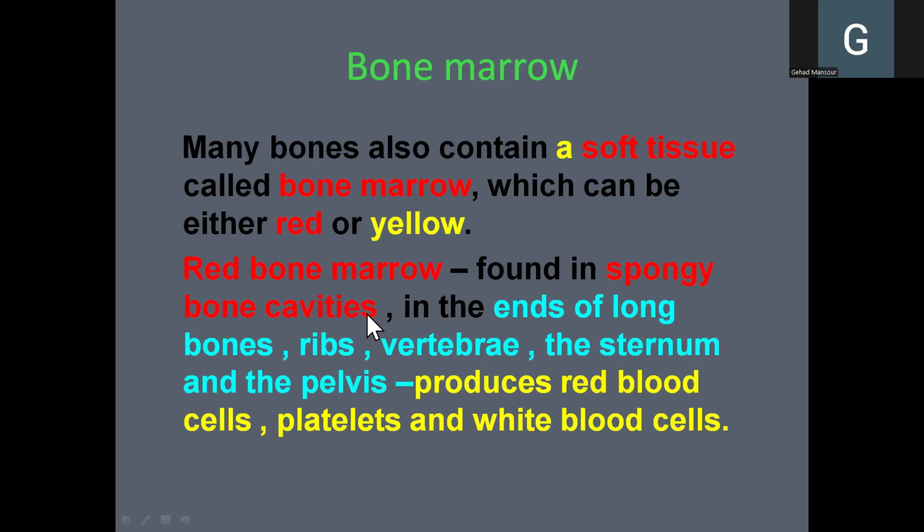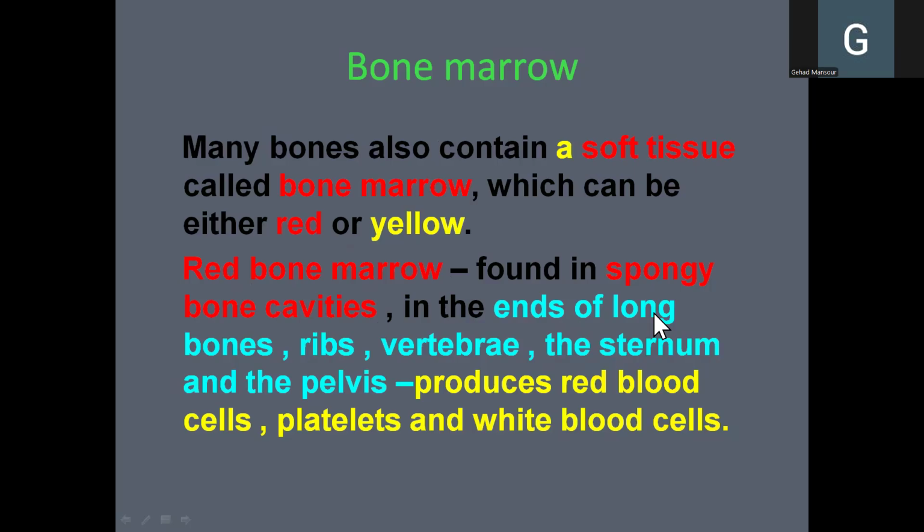And the red bone marrow is found in between the cavities of the spongy bones. Where is it present? Bone marrow is supposed to be present in all the bones, yes, but here when we say where, we mean where it will persist, where it will stay red bone marrow even when you grow older.